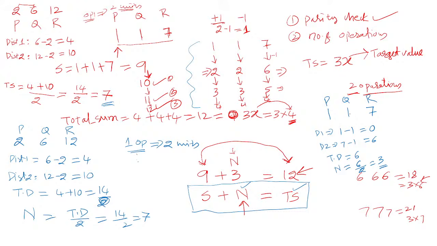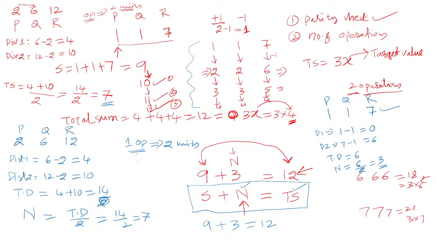So for example, see here, 1 1 7. Sometimes the question will be asked: at what number do all of them become equal? If that kind of question is asked, you can see their initial sum is 9, no? Then the number of operations required is 3, so this becomes 12.